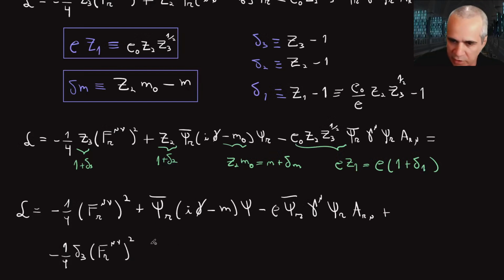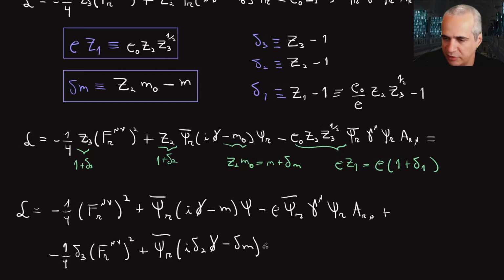One that's very similar to this one, psi bar r, but has two counter terms here. The counter term that deals with the position of the residue, and the one that deals with the value of the residue and the position of the pole, right?